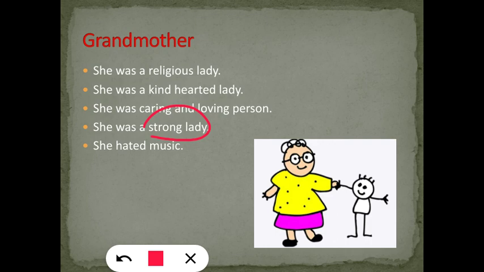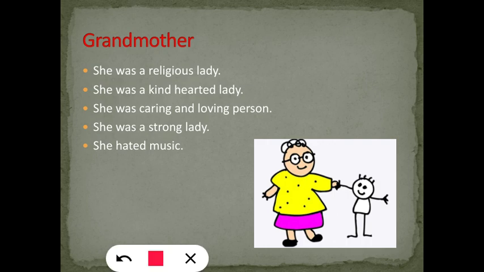Now, what will happen if someone who is very dear to us goes somewhere for, say, a period of 2 or 3 years? We tend to get emotional, isn't it? We tend to get tears in our eyes. But grandmother did not show any emotion. That means she was a very, very strong lady. Remember, she knew how to control her emotions. That's why I have put it here that she was a very strong lady.